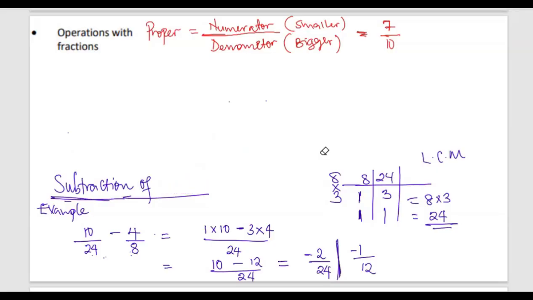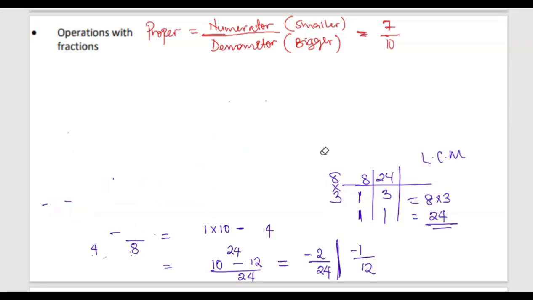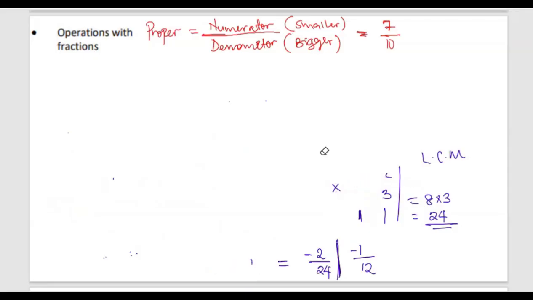What happens when you're dividing fractions? What happens when you're adding fractions? That's what we need to find out. Now, when you're going to multiply, you multiply throughout.